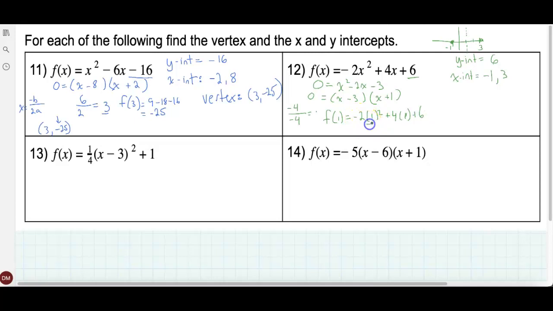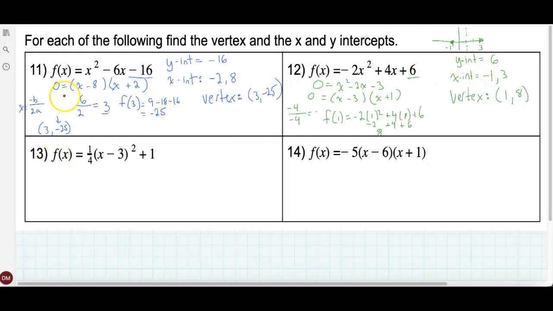So that's negative 2 plus 4 plus 6, and that's where we get a maximum of 8, right? So the vertex, in this case, is at (1, 8). Okay.